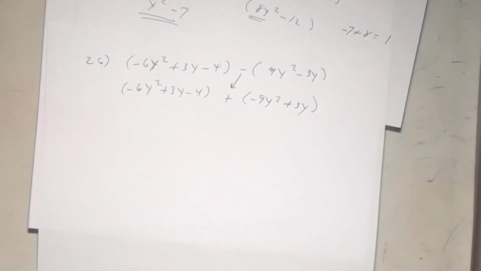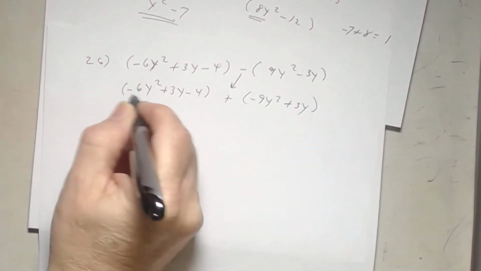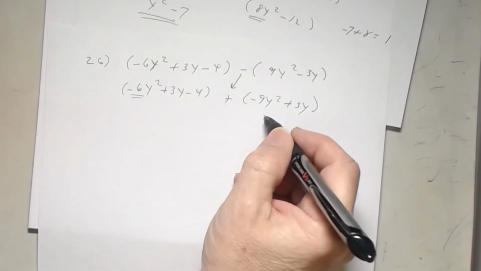So if I combine like terms and put them in descending order because they all have the same variable, which terms do I combine first? Negative 6y squared can be combined with what? Negative 9y squared. What's a negative 6 and a negative 9? Negative 15.